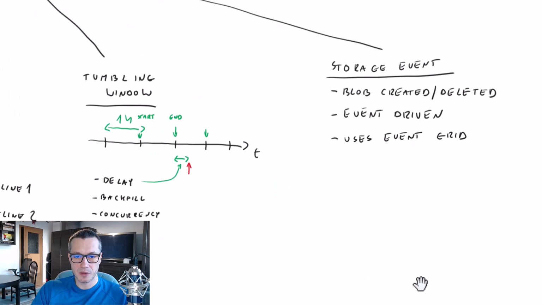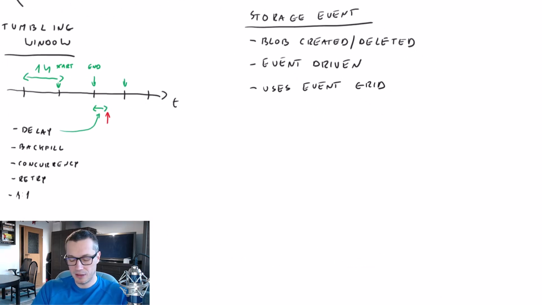And in the meantime, let me talk about this event grid stuff and more about event-driven processing. So what happens is that we have something called an event producer, which in general might be whatever we want.